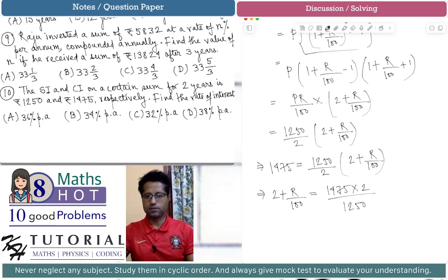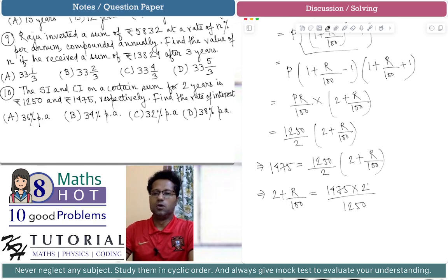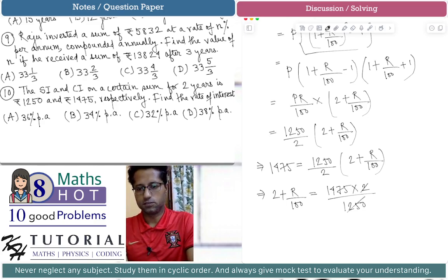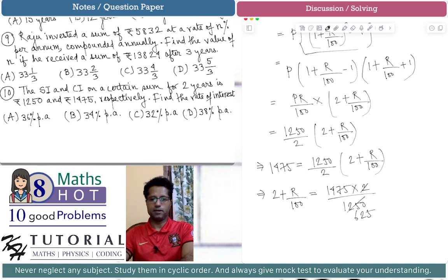Let's simplify the right hand side. 2 divides 1250 with 625. Let's divide by 25. 25 into 5 is 125.